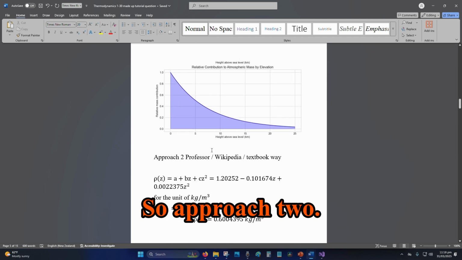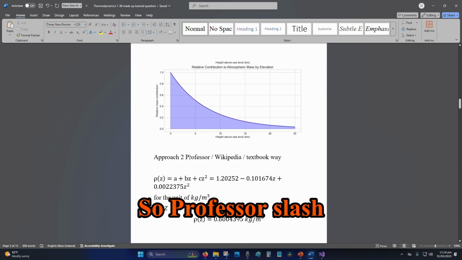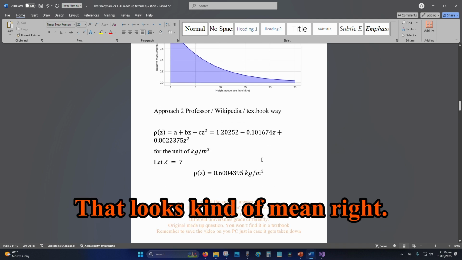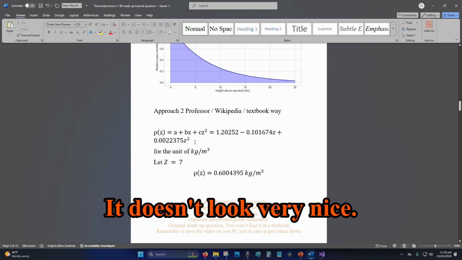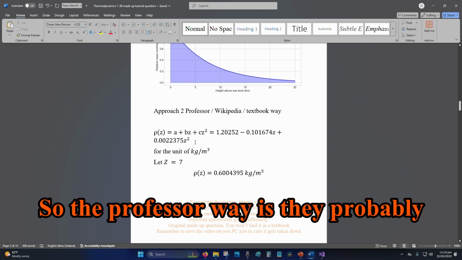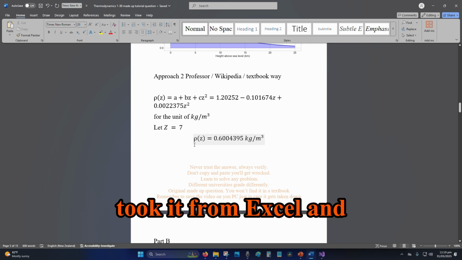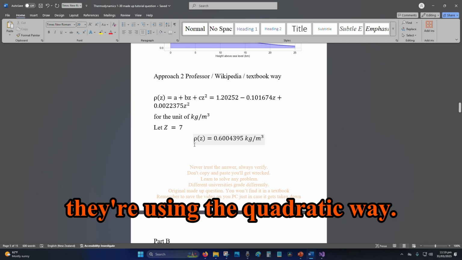Okay, so approach 2. So the professor, wiki, textbook way. That looks kind of mean, right? It doesn't look very nice. So the professor way is they probably took it from Excel and they're using the quadratic way.